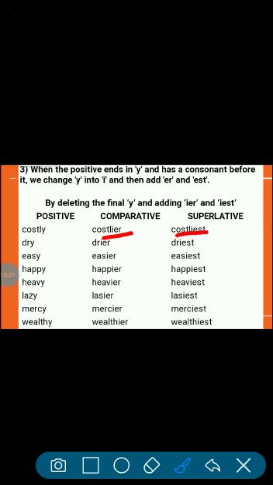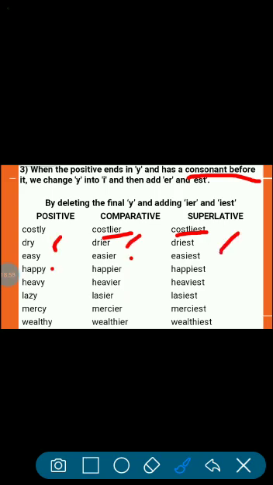Here to make the superlative form of it, we add EST but change Y to I. And when we have to do it? When there is a consonant before Y. Okay? If there is no consonant, we have not to do this. Alright? Okay, so be cautious with it. Dry, drier, driest.